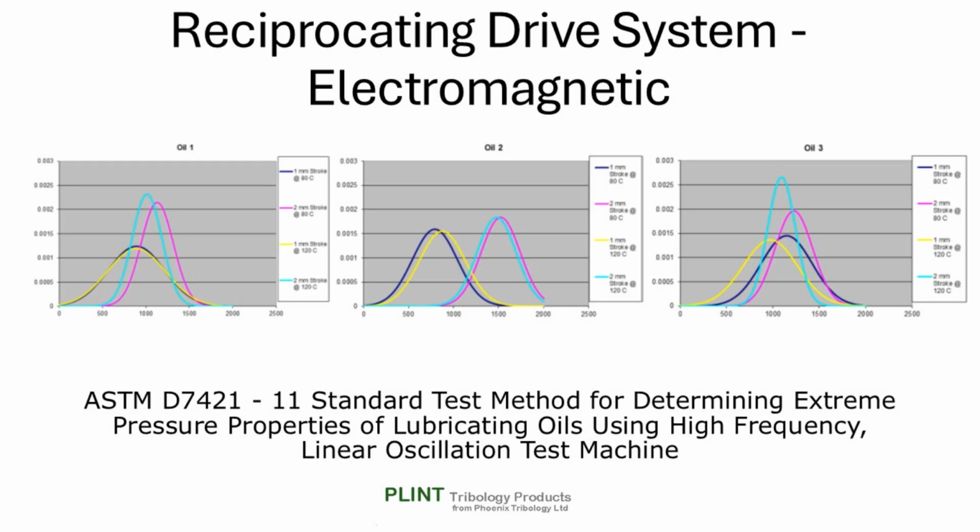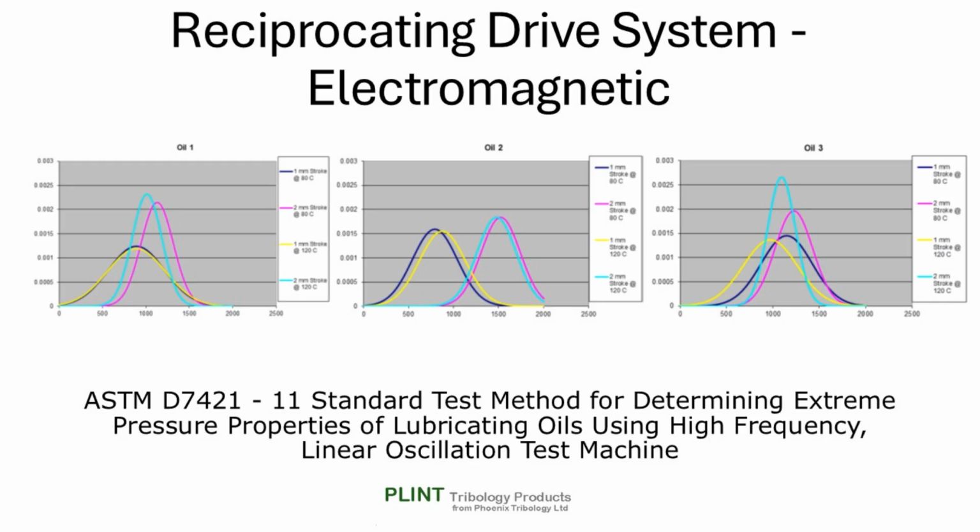There is plenty of information readily available for analysis in ASTM standards. In particular, the precision and reproducibility statements and the published data from interlaboratory tests. This example comes from ASTM D7421 of 2011.